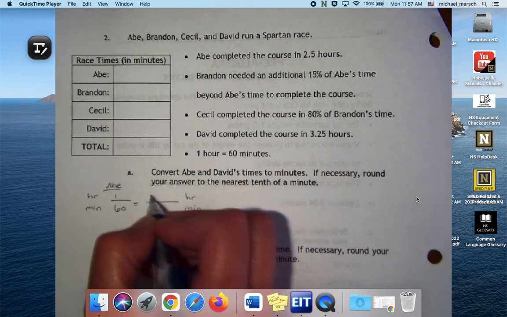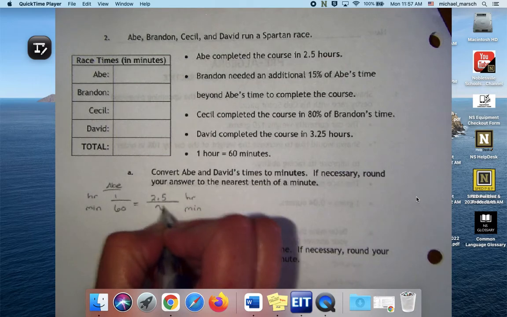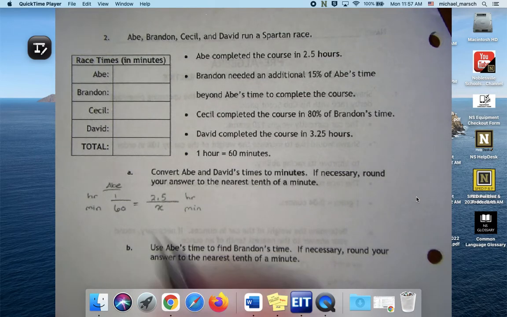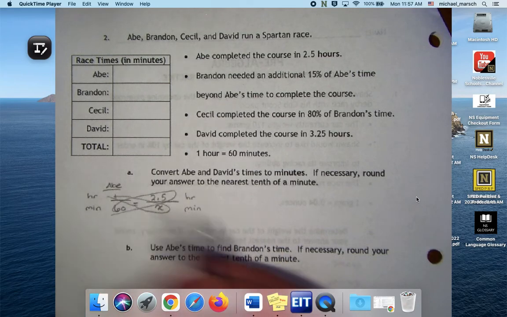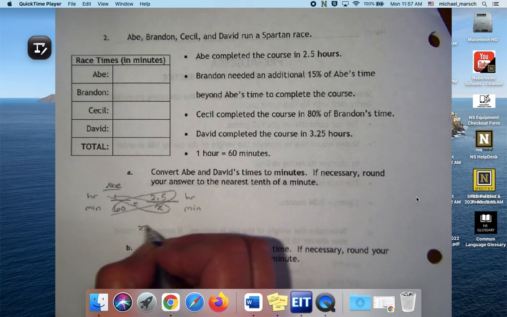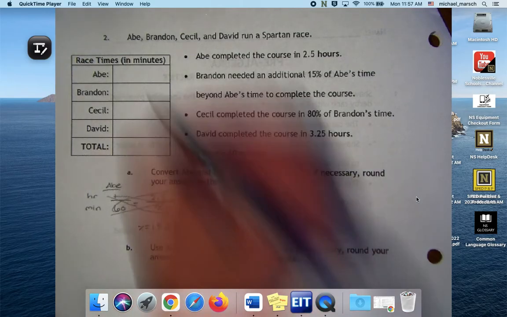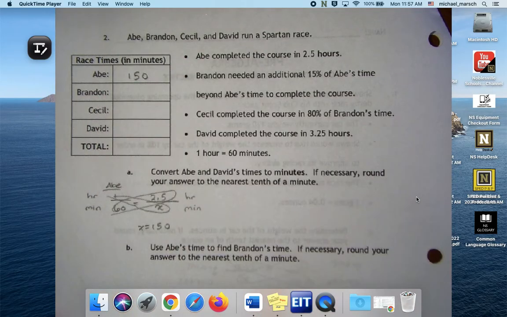We know that it took him 2.5 hours, and we don't know how many minutes that is. So when we do our cross multiplying, we get x equals 150. That is his time.